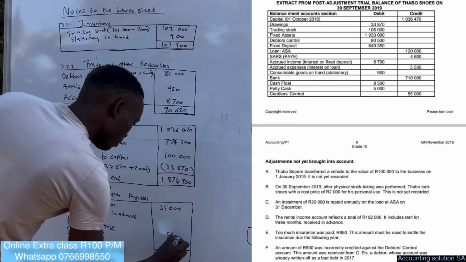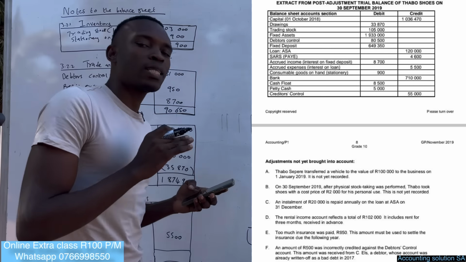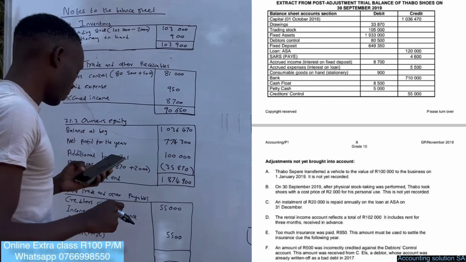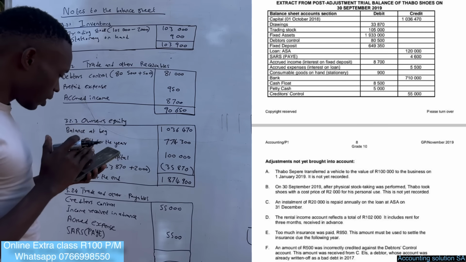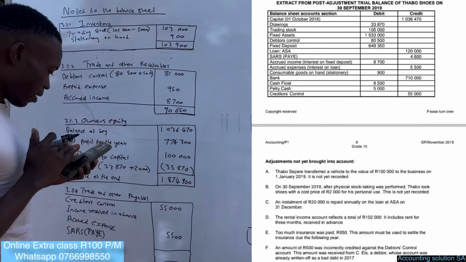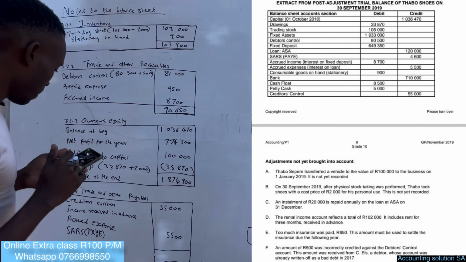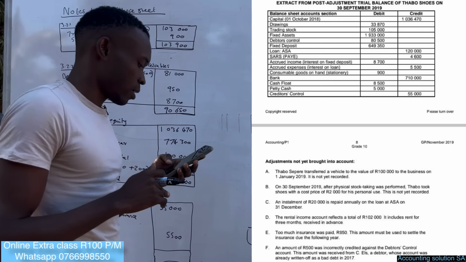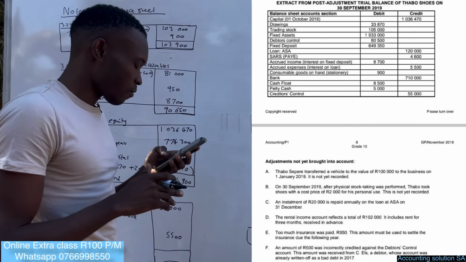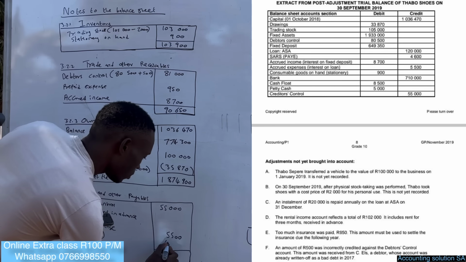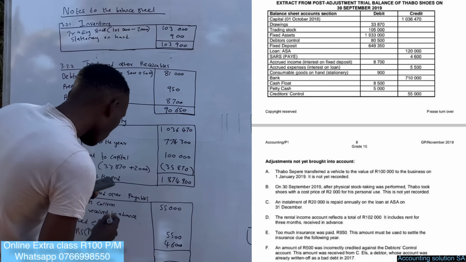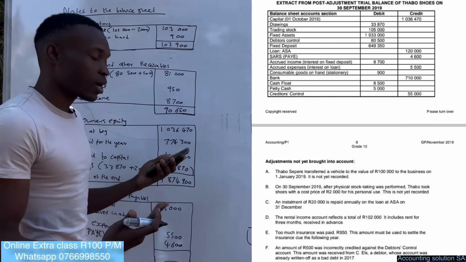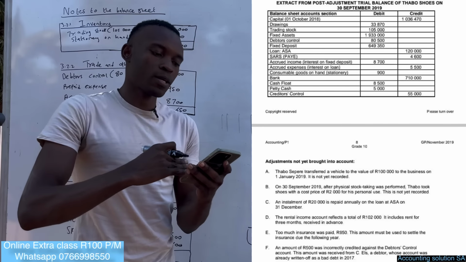We just copy and paste it because we don't have any other transaction related to it. And then the next one we have, let's check SARS pay as you earn. SARS pay as you earn is given 4,600. Now income received in advance, we can't see it on the trial balance.